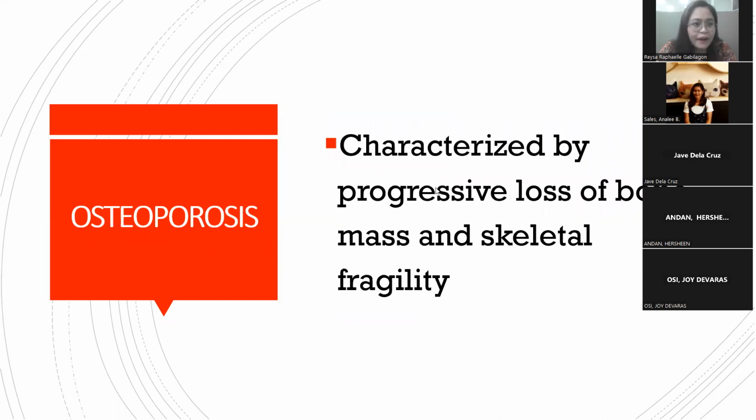Okay. Now, if we have problem with our bone resorption and ossification, meaning mas marami yung nagbe-breakdown kaysa sa mga na-form na new bones, doon tayo magkakaroon ng disorder or disease. Okay? So, just like in the case of osteoporosis, anong problema dito? There is a progressive loss of bone mass and there will be skeletal fragility.